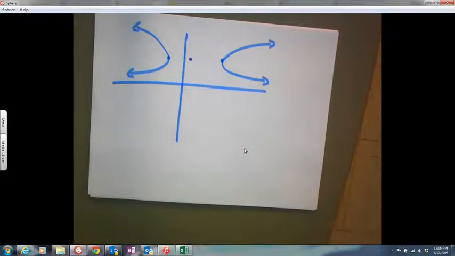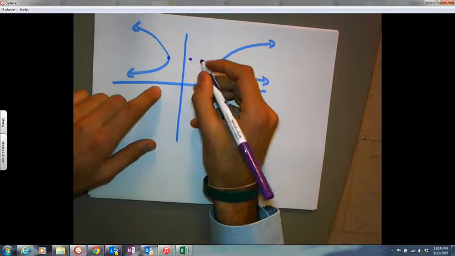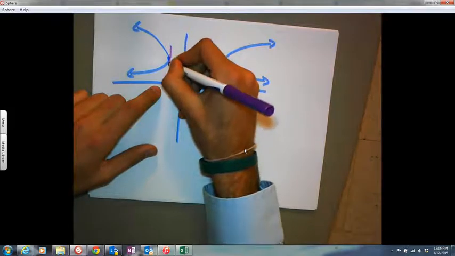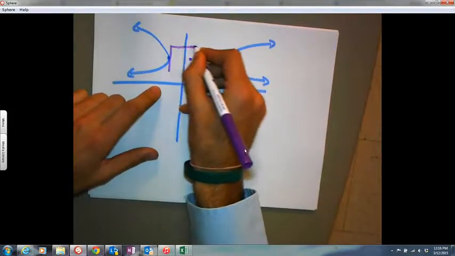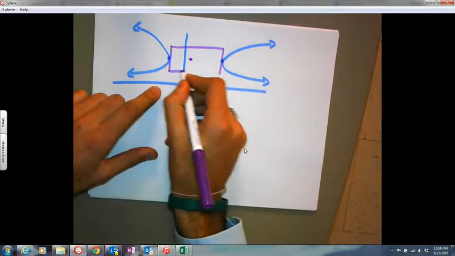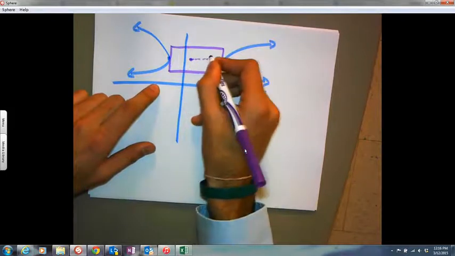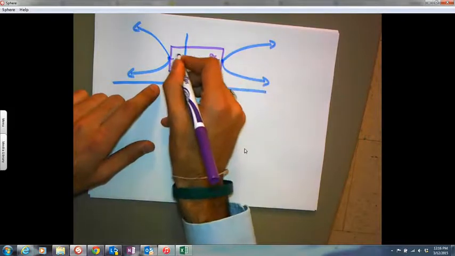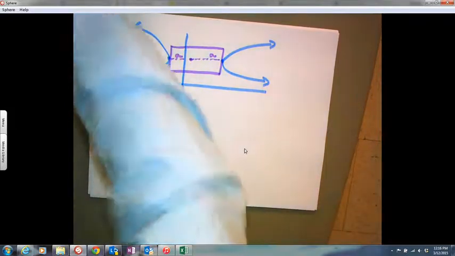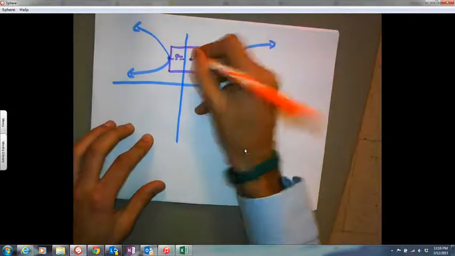We oftentimes draw this box here. This we talked about already was a, and this was a. Here's where the b comes in. This is b. This is b. And now the box, I just want to be clear, the box is not actually part of the picture.